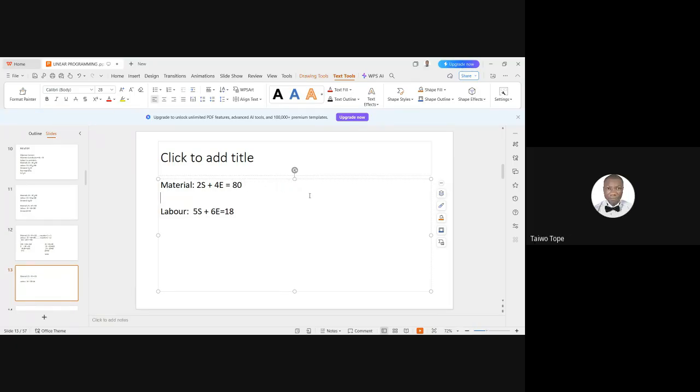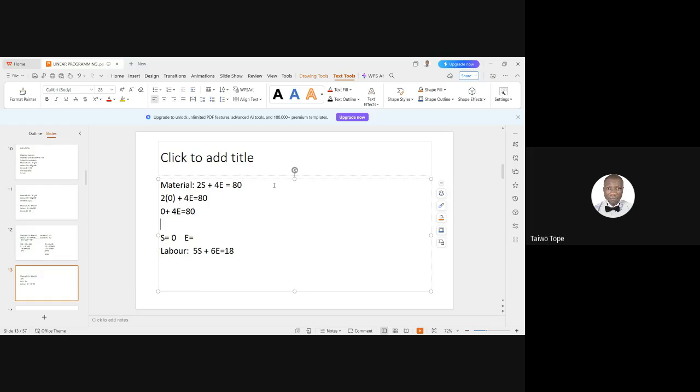So we now have it. If x is equal to 0, e will be what? That is 2 into the bracket of 0 plus 4e is equal to 80. 2 multiplied by 0 is 0, plus 4e equal to 80.